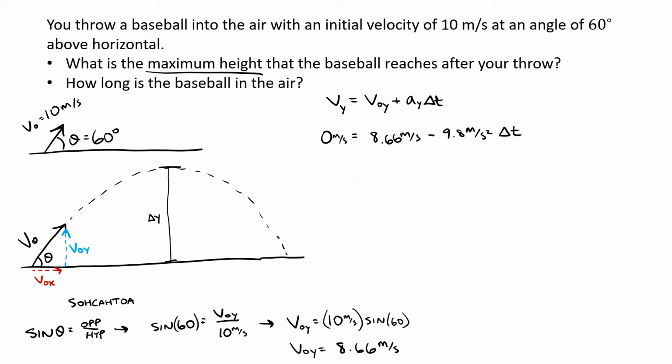So delta t equals, subtract that over, and then we have to divide 8.66, that equals 0.88 seconds.